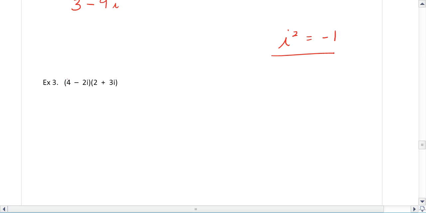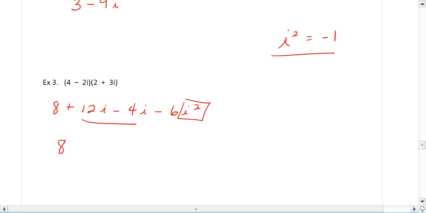Let's go ahead and FOIL this. So 4 times 2 is 8. 4 times 3i is 12i. The inner product is negative 4i, and the last times the last is negative 6i squared. Again, we can combine like terms, and then we're going to do that substitution. We're going to remove the i squared and put in the negative 1.